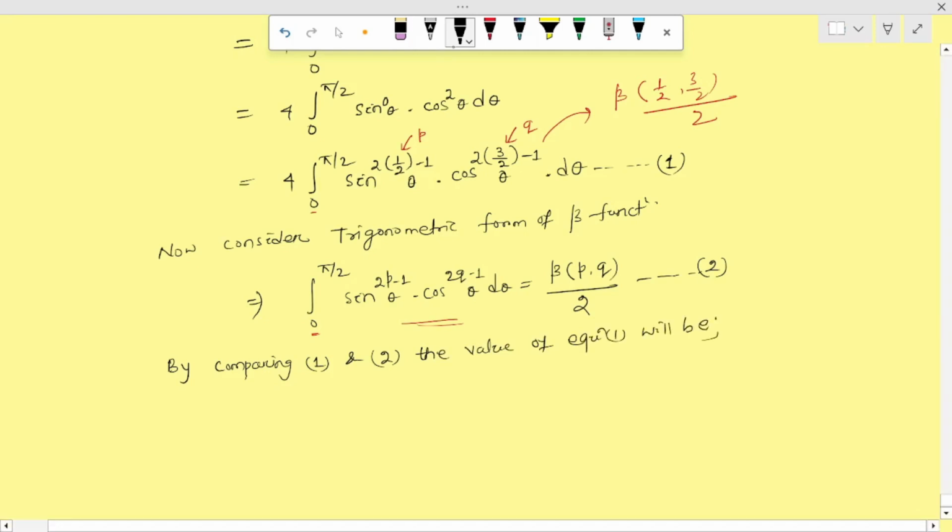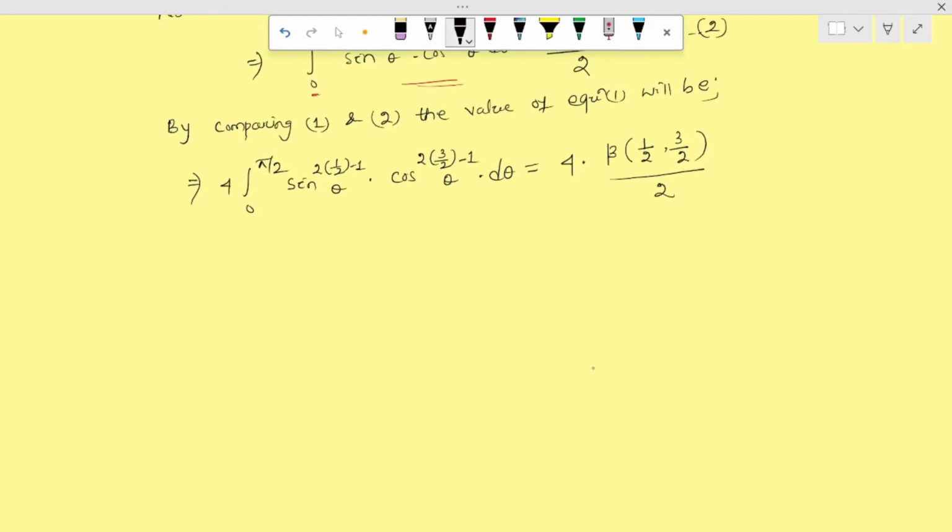That implies 4, 0 to pi by 2 sin to the power 2 into 1 by 2 minus 1 theta into cos to the power 2 into 3 by 2 minus 1 theta d theta will be equal to what? 4 into this integral's value, which will be beta 1 by 2, 3 by 2 by 2. So is equal to, here 4 by 2 is your 2.